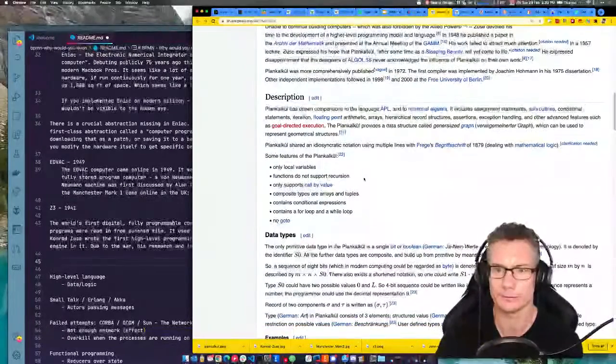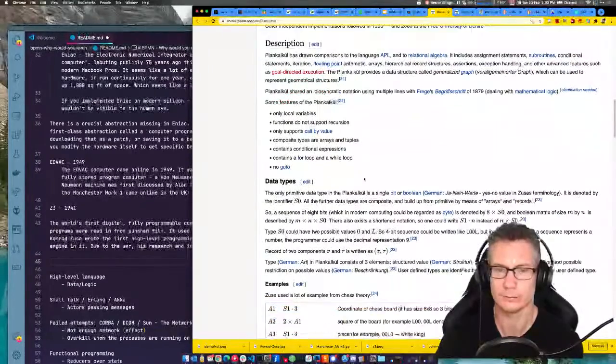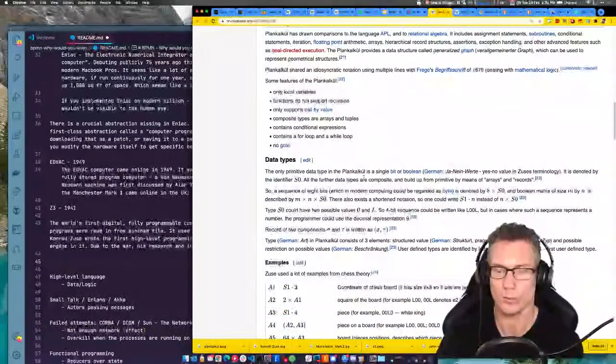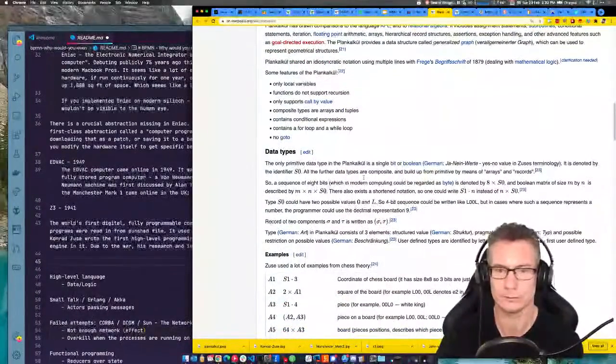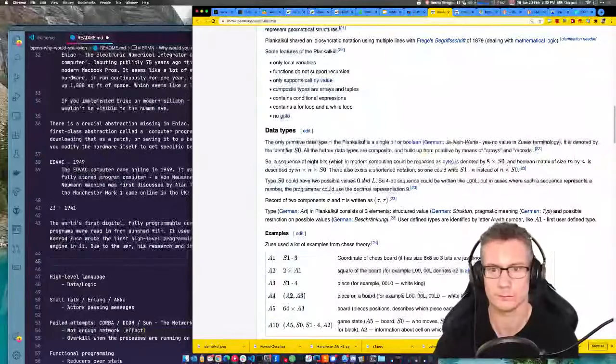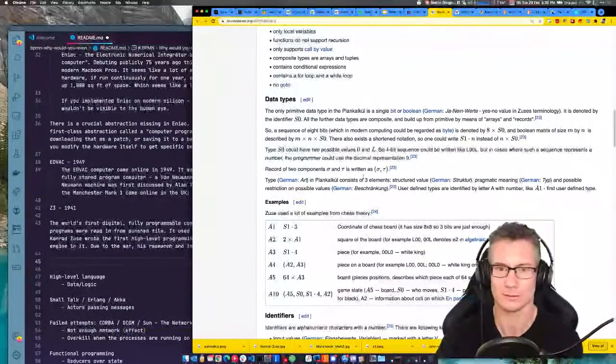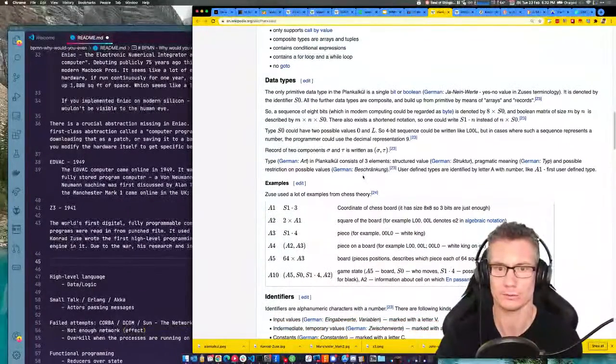APL. Arrays and tuples. So he had objects. Wow.